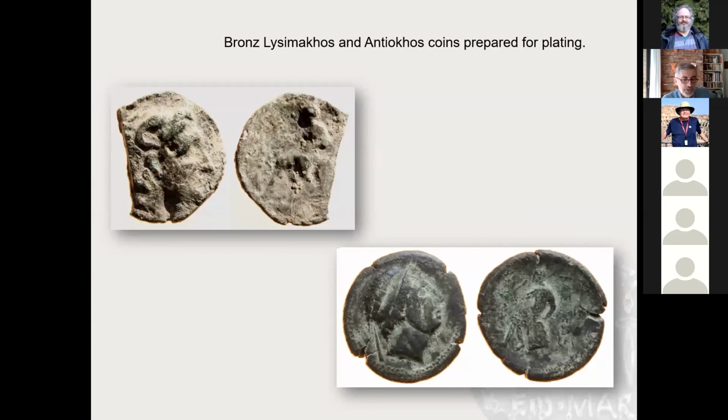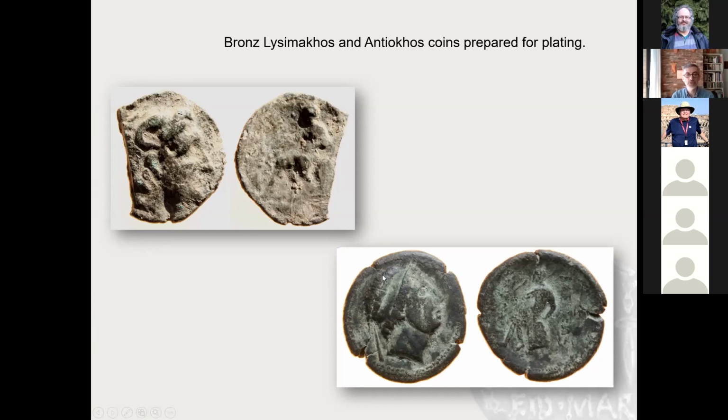There are discussions about how these plated coins were produced, and some people believe that they plated a base metal core with a precious metal and then struck, which I don't agree. I believe they struck the base metal coin first, and then they plated them. I have these two coins that I have in my collection.